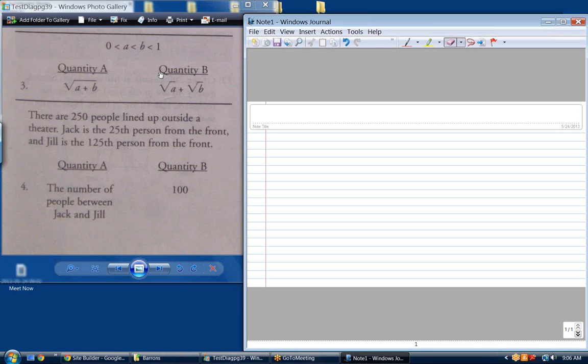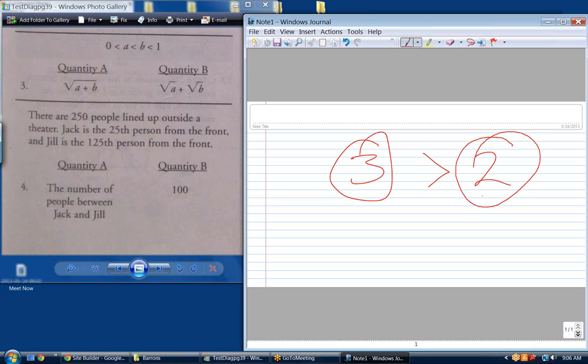The way they suggest solving it is, since A and B are both positive, we can square this side and square this side and compare those two numbers. That's legitimate, because if I say 3 is greater than 2, then when I square this, it's always going to be bigger than when I square that.